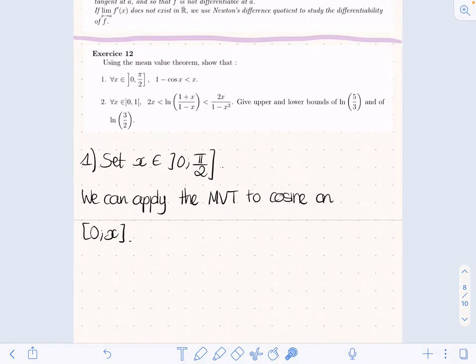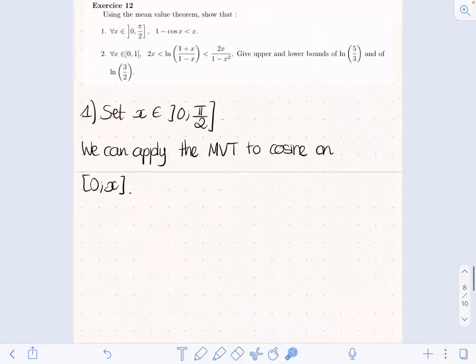So if you have the mean value theorem at hand, what assumptions do you need a function to satisfy to apply the mean value theorem? Be continuous on the interval. Yeah, absolutely.